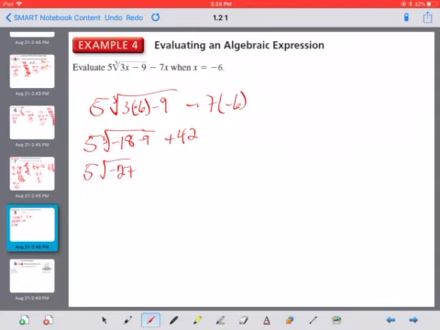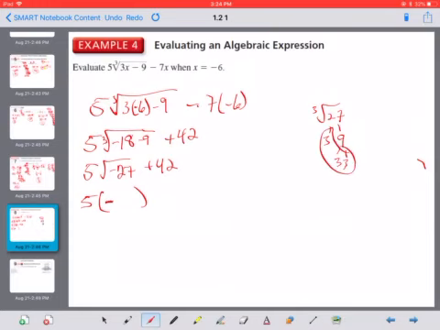5 cube roots of negative 27, plus 42. 5 times whatever the cube root of 27 is. Just bring the negative down, then do the cube root of 27. 3 and 9, 3 and 3. If you've got your chart, that'll go quick.